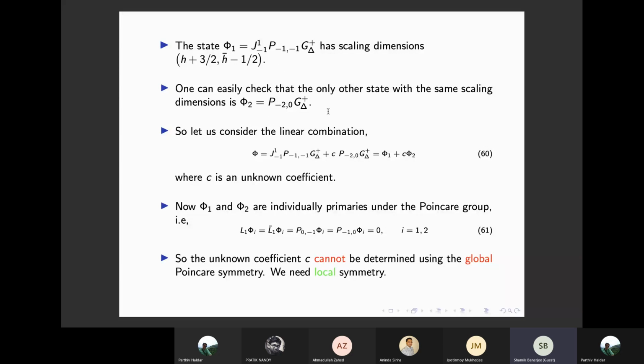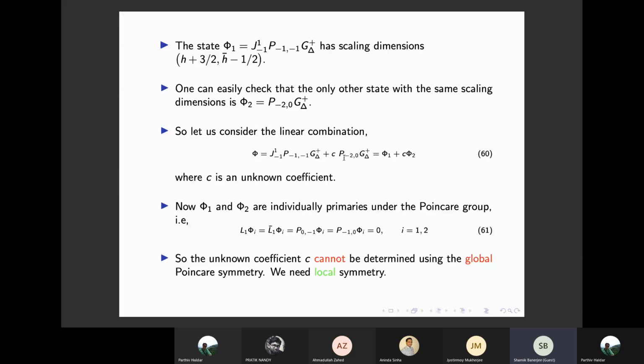And then you can easily convince yourself, if you look at it for some time, that the only other state with this scaling dimension is essentially this, which is p minus 2 comma 0 acting on g plus delta.